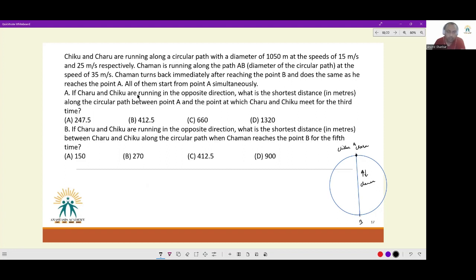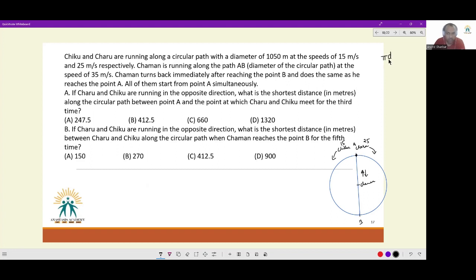If Charu and Chiku are running in the opposite direction, Chiku is running at the rate of 15, Charu is running at the rate of 25. Now we were also told the diameter of this circle is 1050. Now circumference of a circle is given by pi d.